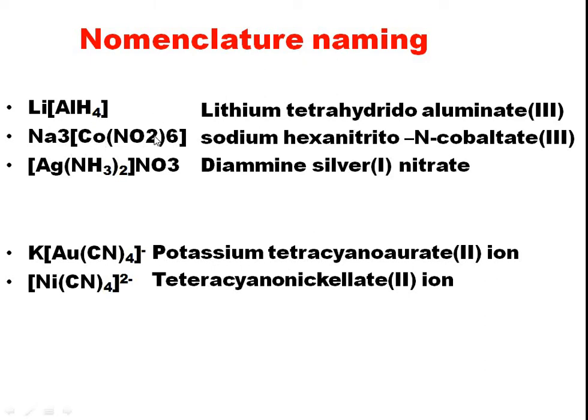In this complex, sodium is the cationic part. We have written sodium. You should understand that we will not write tri, tetra, di for the metals or species, cationic or anionic, that are present outside the complex.